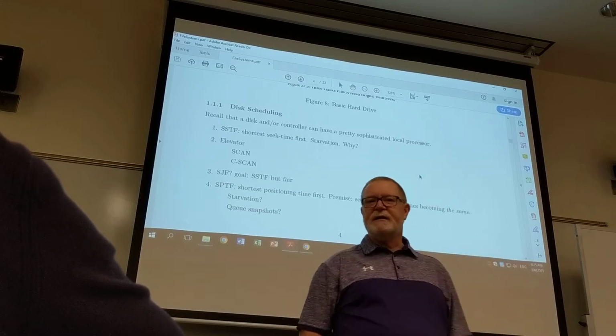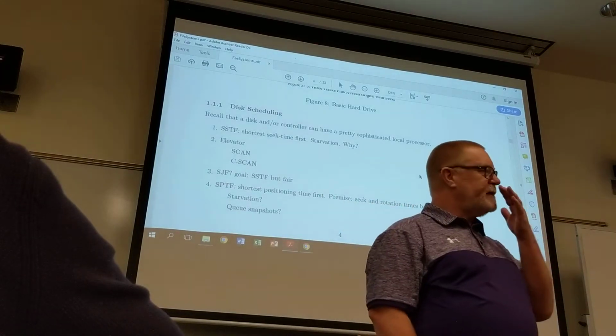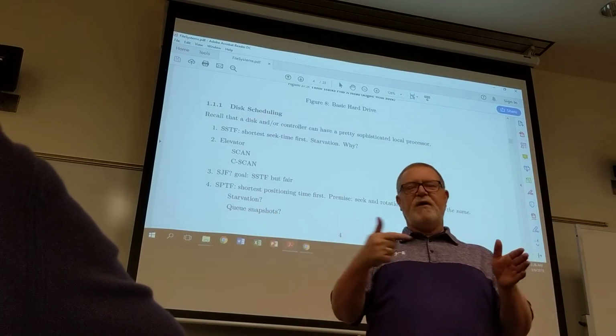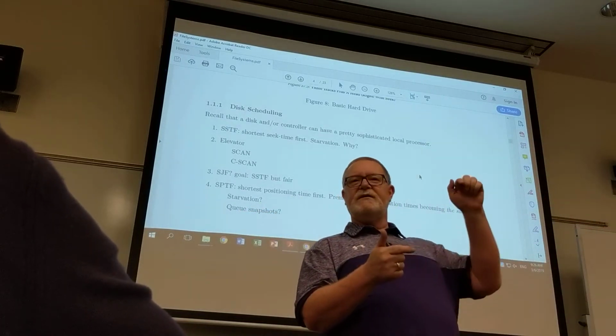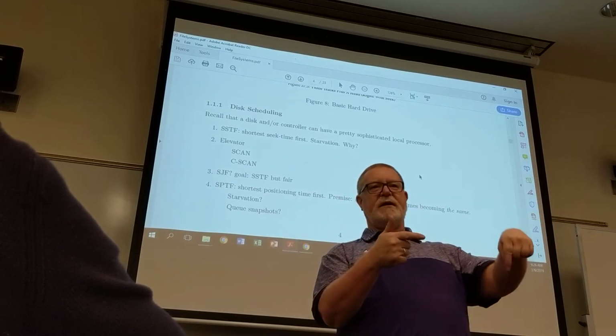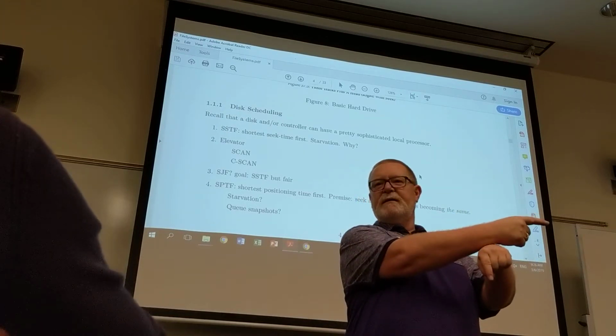The disk drivers themselves have to take into account one of the things that I didn't mention. When you're moving in a particular direction and a new request comes in, you have to insert it. If it's in front of the head, in the direction it's moving, we insert it. Well, what if by the time you finish inserting it, you've gone by?